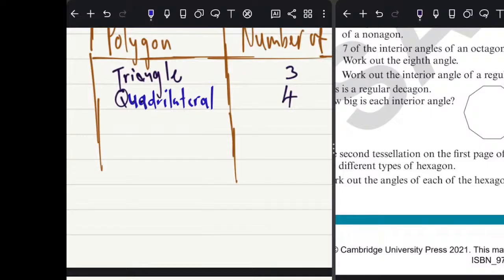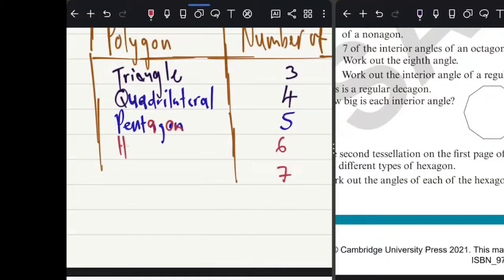Any shape with 4 sides, you need to write this many times until you can remember. If it has 4 sides, it's called a quadrilateral. Quad means 4. If it has 5, it's called a pentagon. Pentagon has 5 sides.